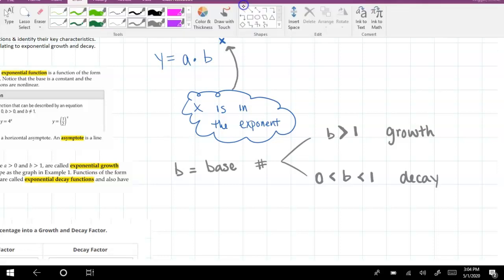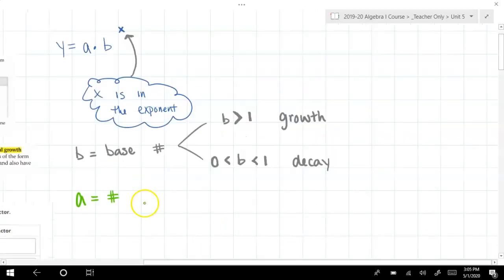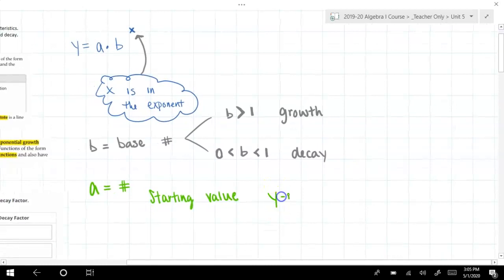A is another number multiplied by b raised to the x power. A is the starting value. It's the y-intercept. We know that the y-intercept is where x equals 0.